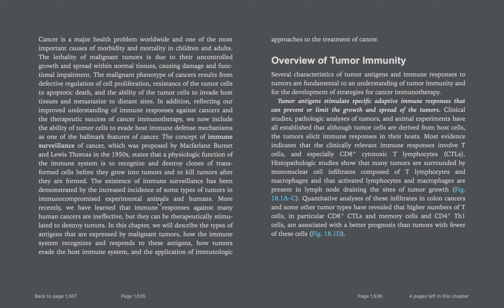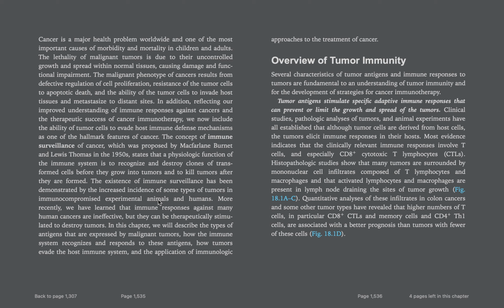Histopathological studies show that many tumors are surrounded by a mononuclear cell infiltrate composed of T lymphocytes and macrophages, and that activated lymphocytes and macrophages are present in lymph nodes draining the site of tumor growth.